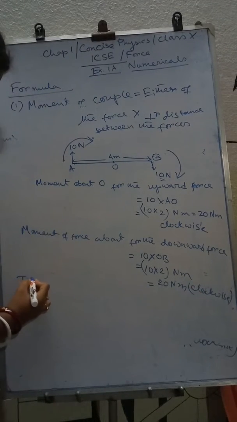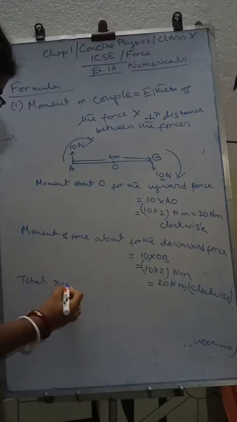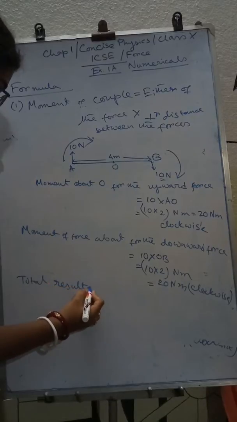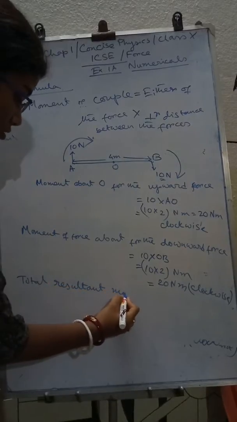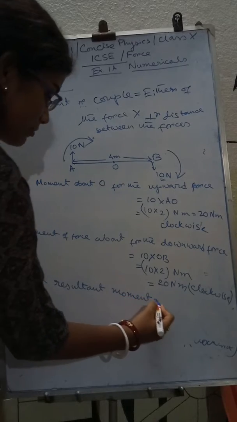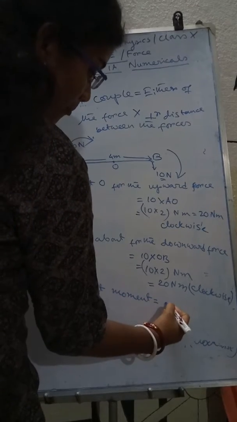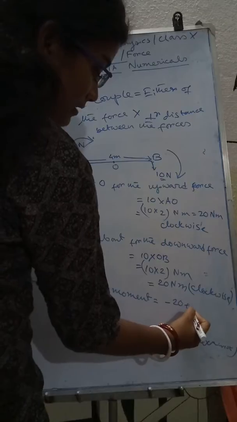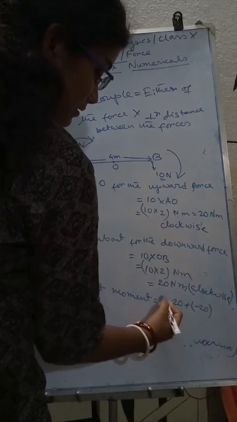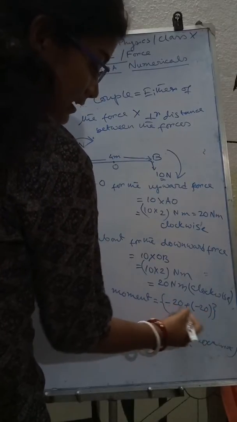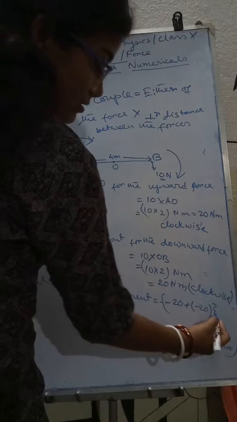So the total resultant moment will be minus 20 plus minus 20. Minus sign is taken for the clockwise direction.